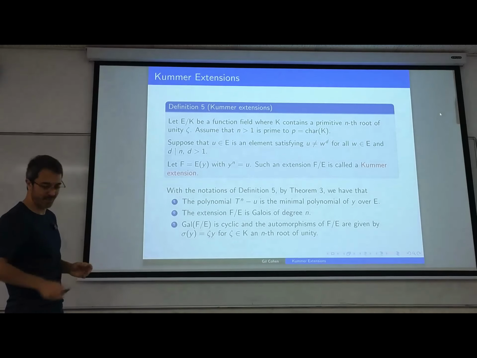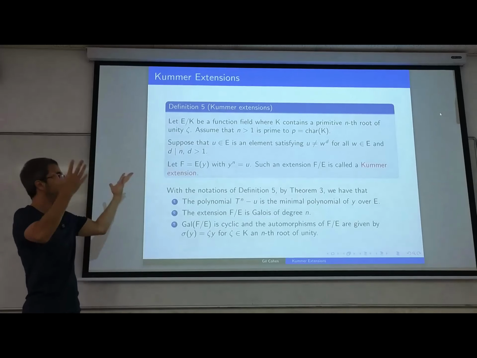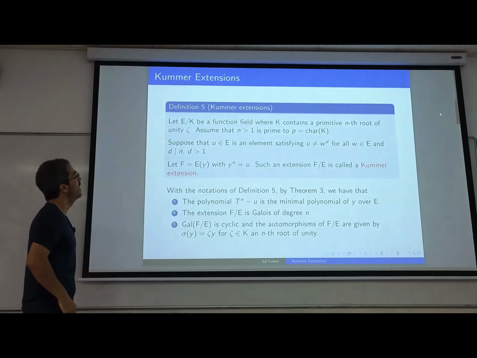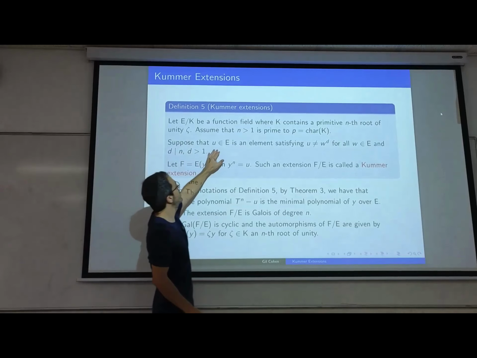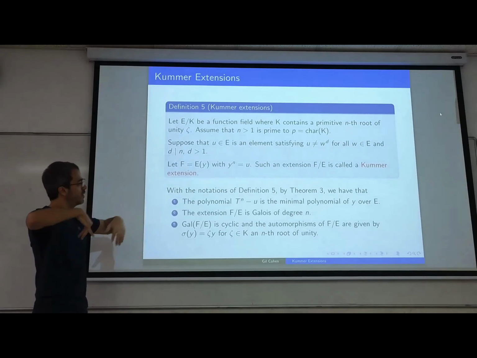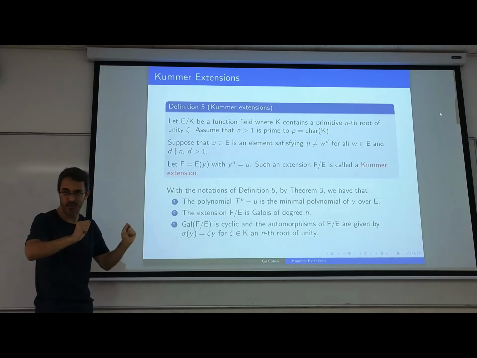So take a number n, at least 1, which is going to be the degree of the extension. So think of an n which is co-prime to the characteristic p. And let's suppose that there is an element u in E. You want to extend E by taking an nth root of u. That's what you want to do.